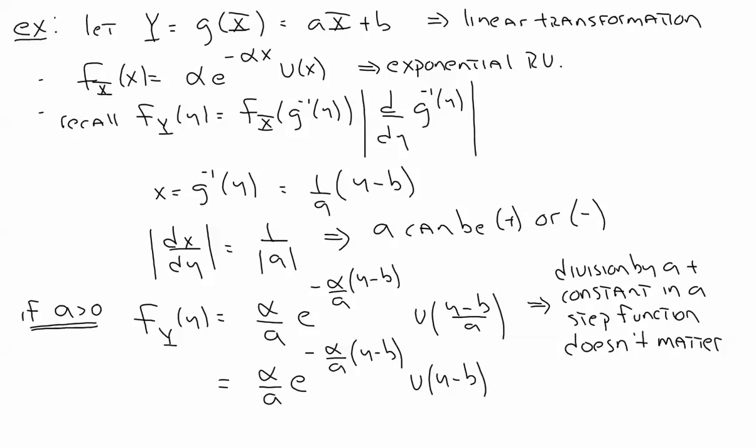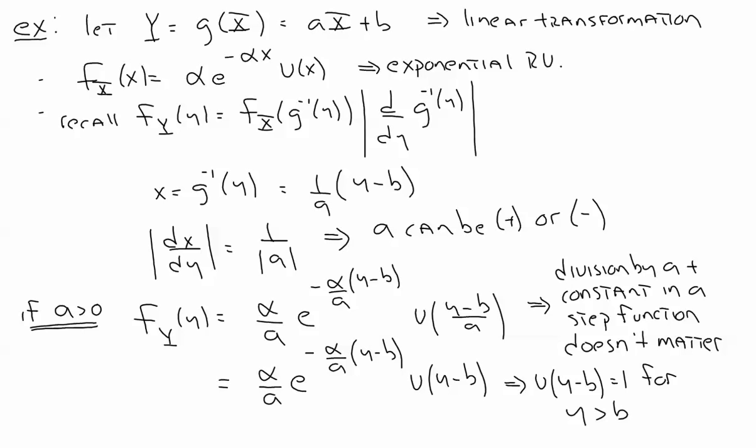The step function becomes unity when the argument is greater than or equal to 0. In this case, the step function becomes 1 for y greater than b.